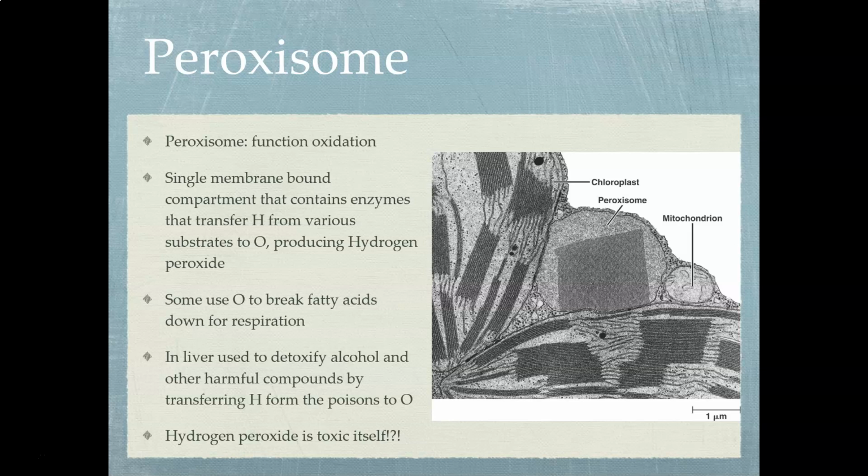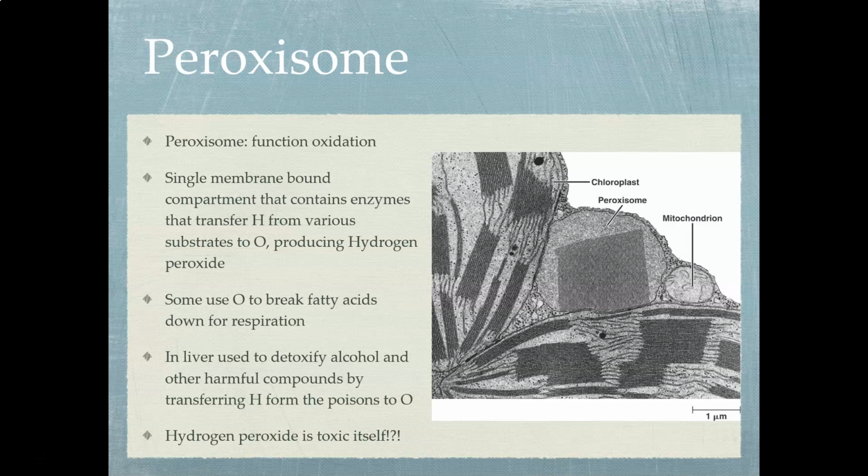Last thing I'm going to throw in while we're talking about these guys is an organelle that's probably new to you, and these are your peroxisomes. These tend to be very highly concentrated in places like your liver because they perform some detoxification processes. They are single membrane bound components.